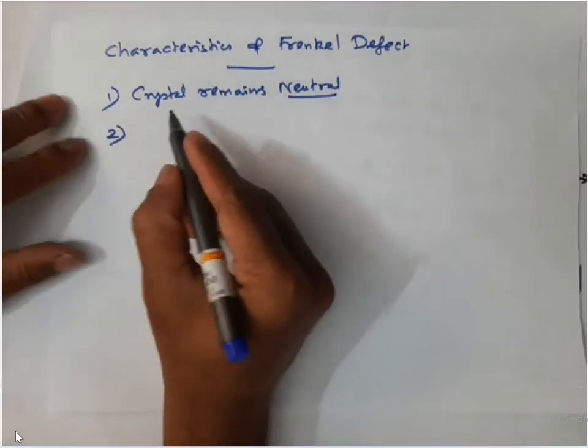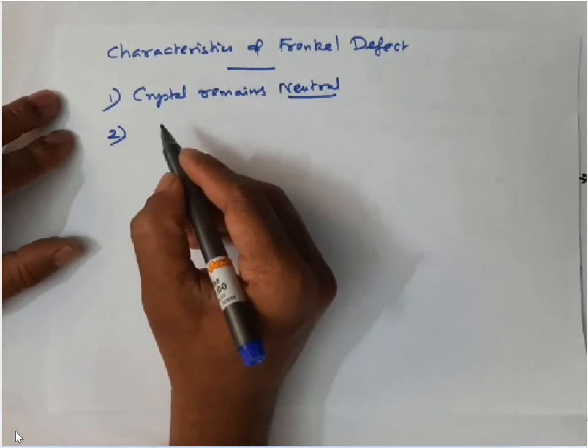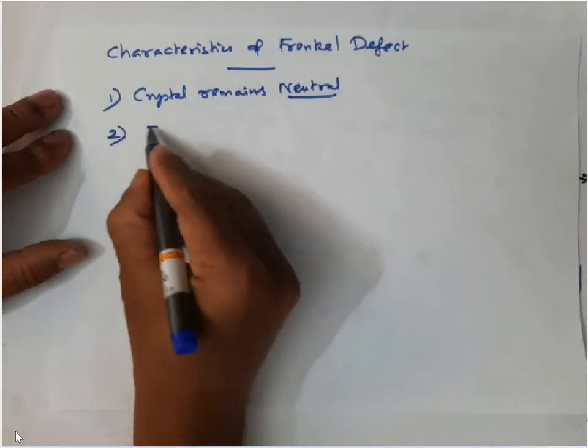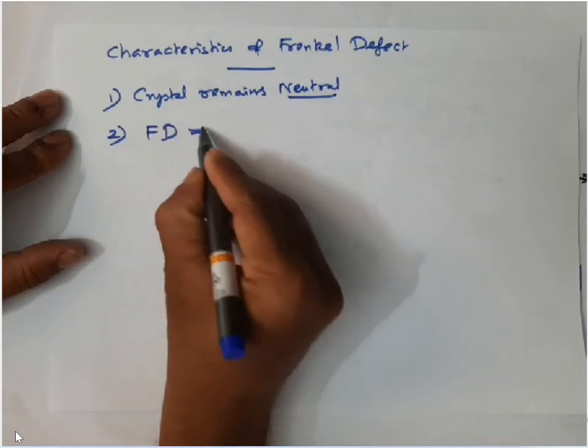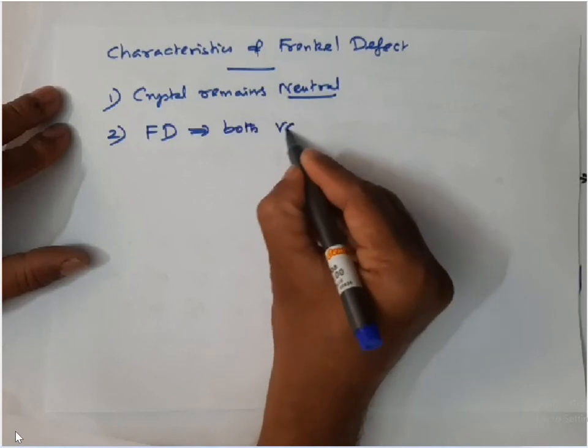Then the second point: Frontal defect consists of both vacancy defect and interstitial defect.